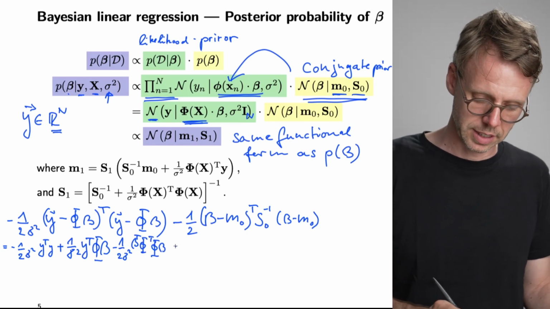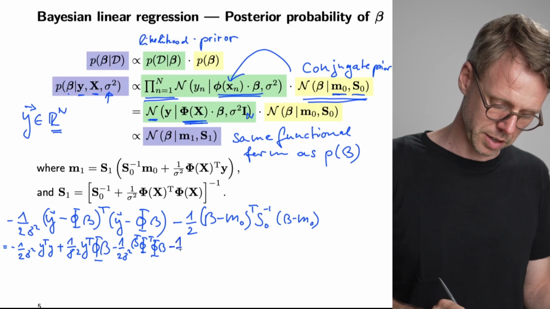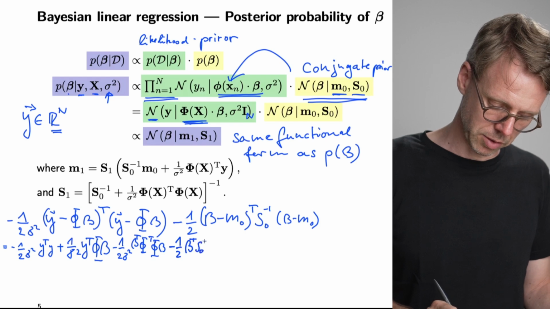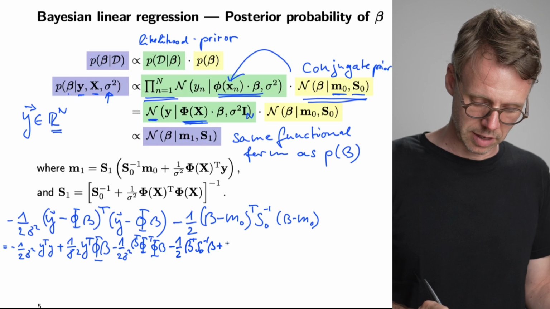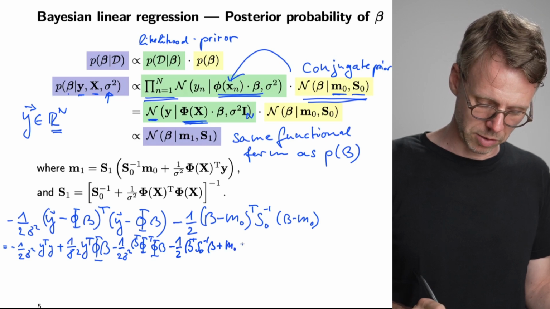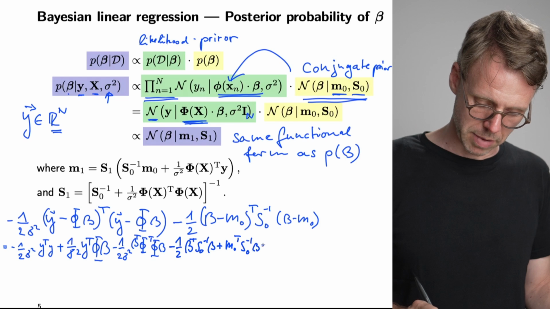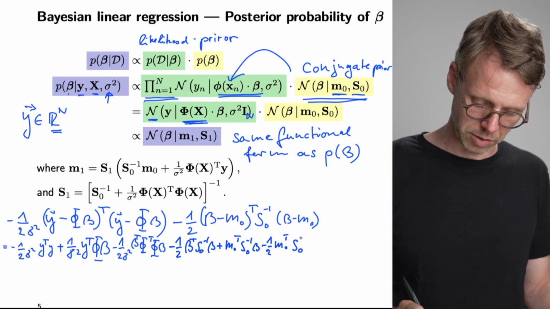Similarly, for the prior distribution we get minus 1/2 beta transpose S0 inverse beta plus m0 transpose S0 inverse beta, minus 1/2 m0 transpose S0 inverse m0.